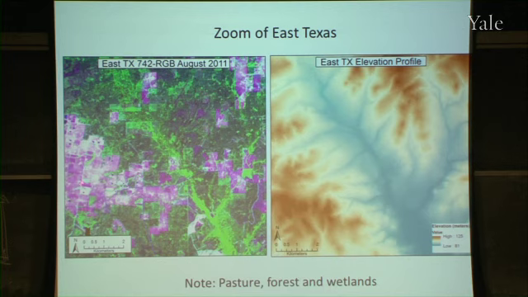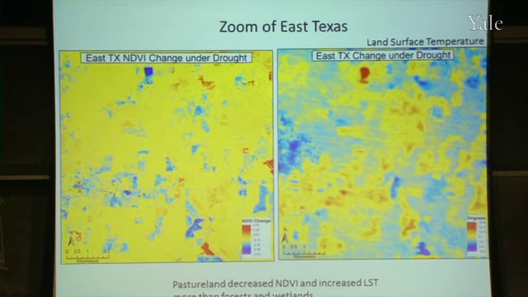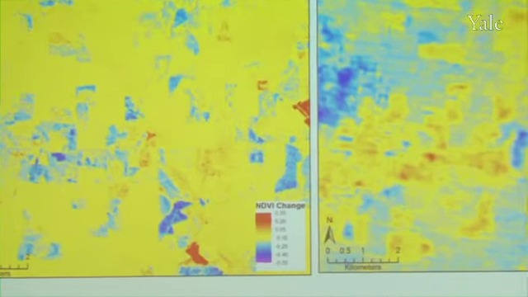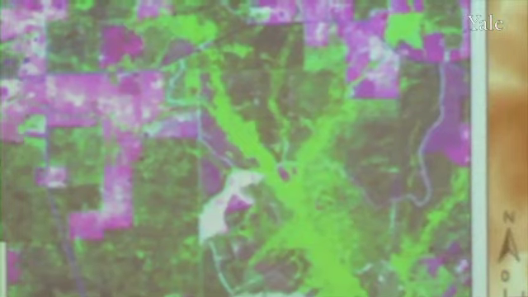Let's see how these land cover types, pasture, wetlands, and forest, responded to the climate change. On the left is the NDVI drop, and it looks to me like the biggest NDVI drop is in this region. That's the pasture.